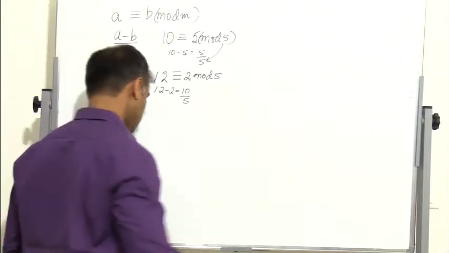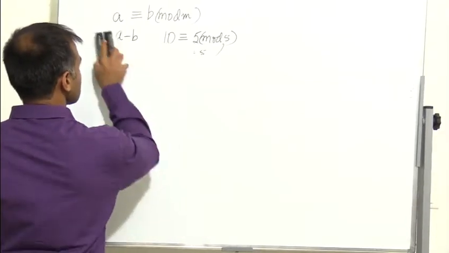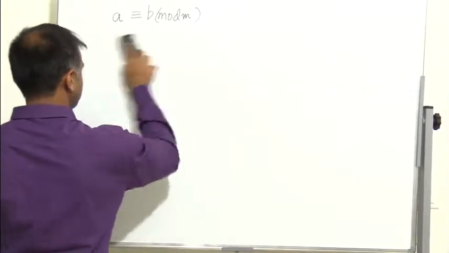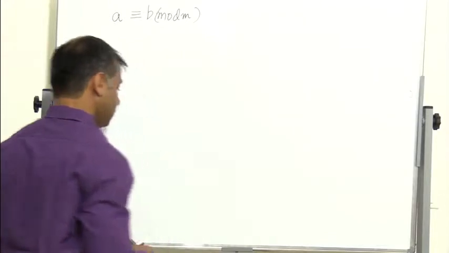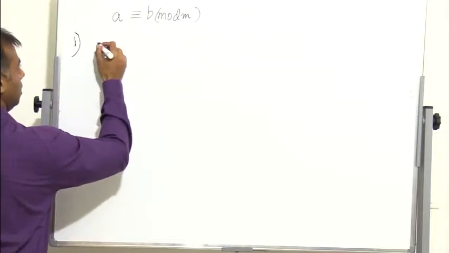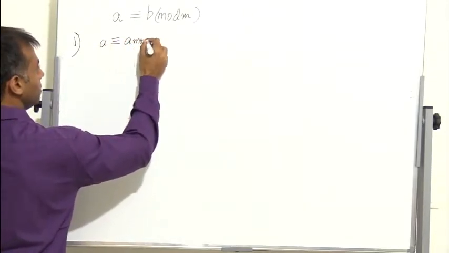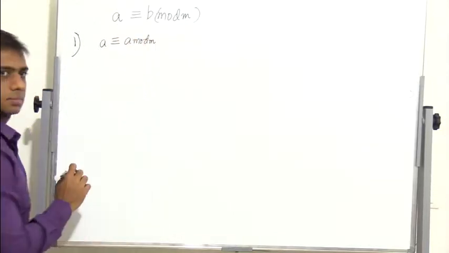So let us see some of the properties of congruence relation. The first property states that A is congruent to A mod n. Right?